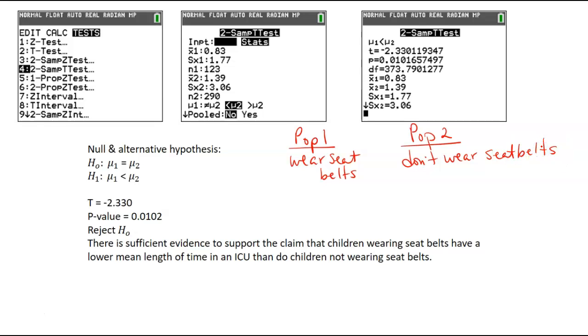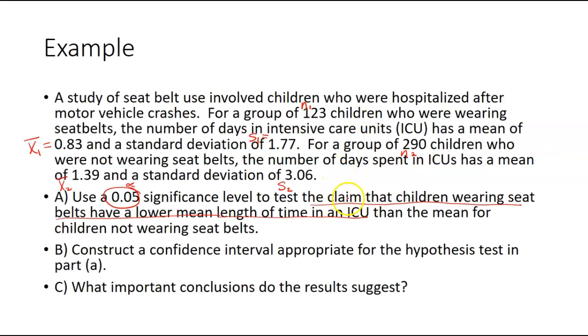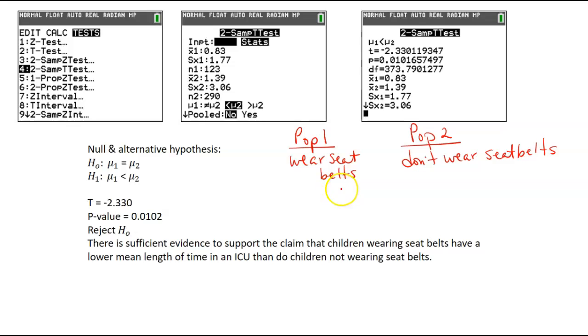So if we look back at the claim that children wearing seat belts have a lower mean length of time in an ICU than those that don't wear the seat belts, we're basically saying that mu sub 1 is going to need to be less than mu sub 2. And so that's going to be our alternative hypothesis. We know that the equals is always in the null. So mu sub 1 equals mu sub 2 will be my null hypothesis. And then the less than is going to be the alternative hypothesis.